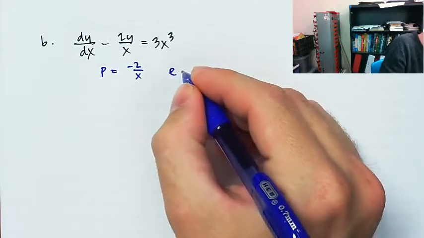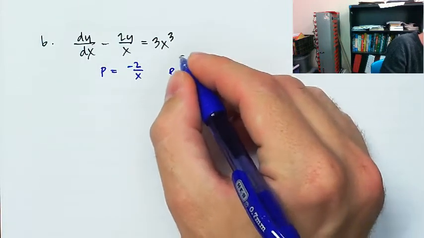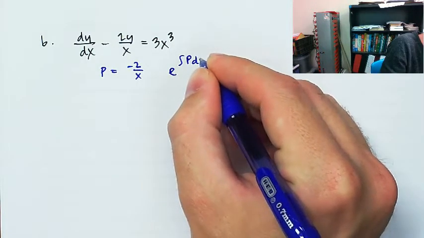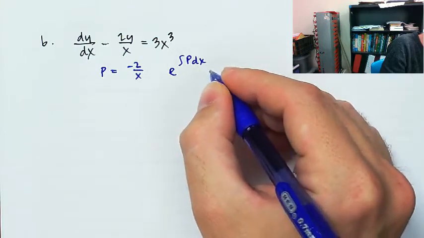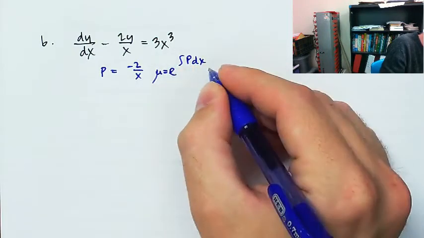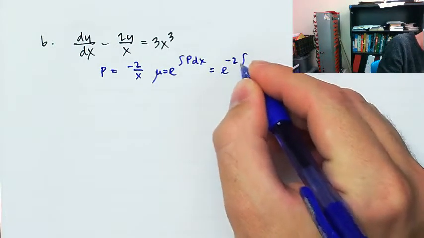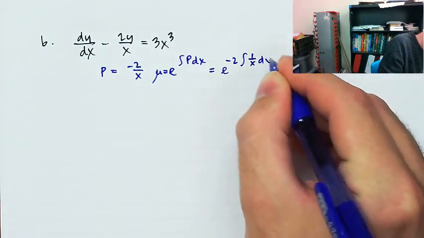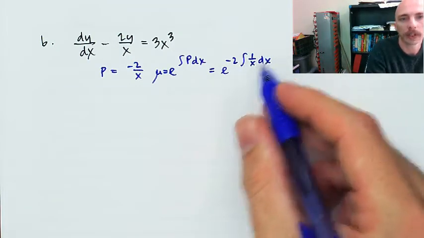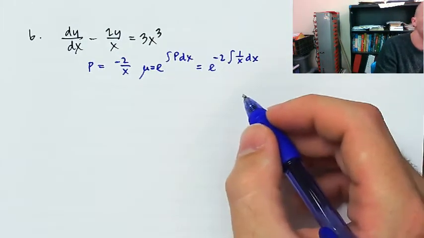Okay, yeah, so e to the antiderivative of p dx, that's going to be mu, and that's going to be, all right, e to the negative 2 antiderivative of 1 over x. Okay, e to the log x is just x, so this is x to the negative 2.